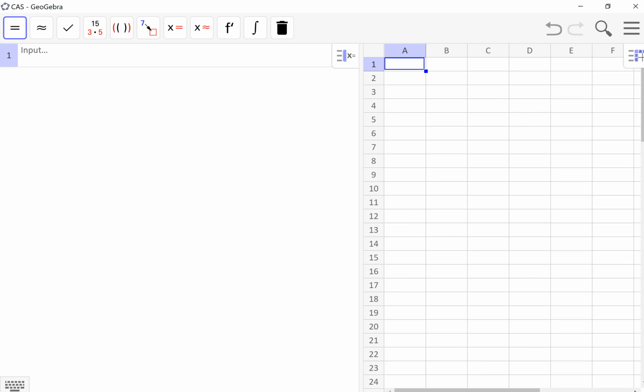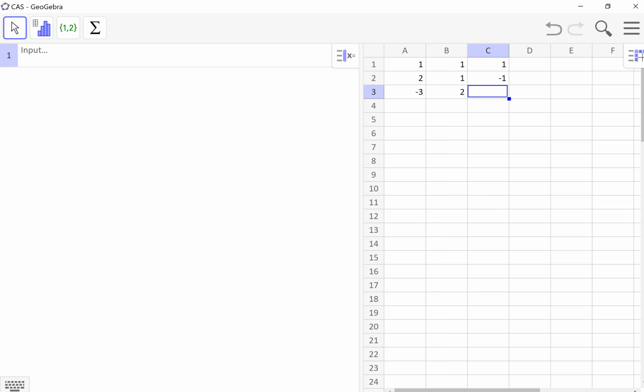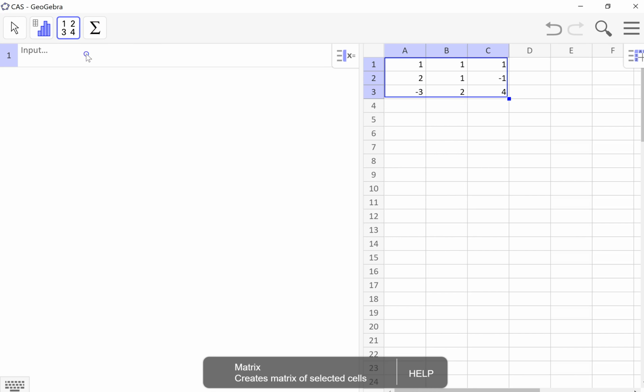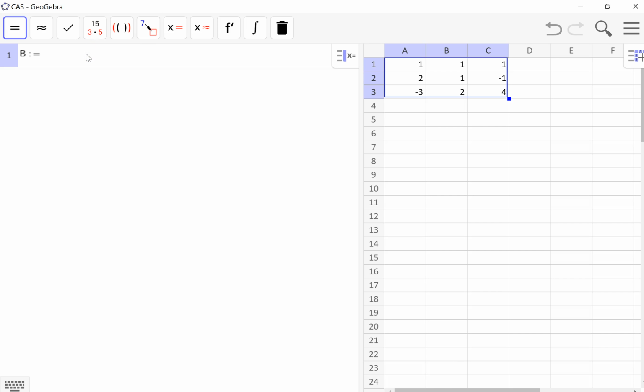We're going to type in the matrix here: 1, 1, 1, 2, 1, negative 1, and negative 3, 2, 4. And we'll make this into a matrix, and define our new matrix B, just like in all the other problems we've done.